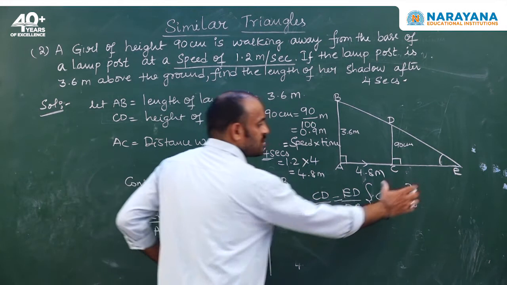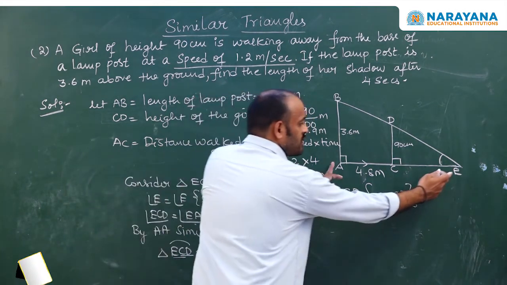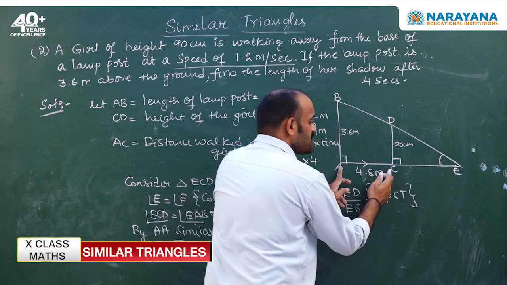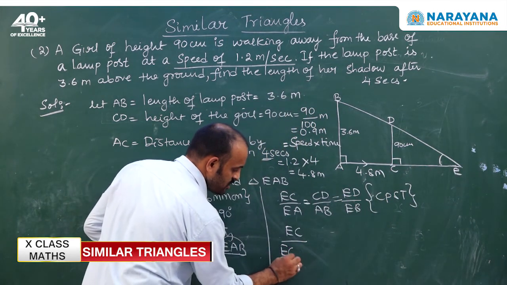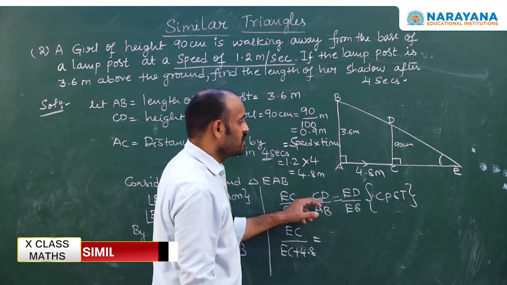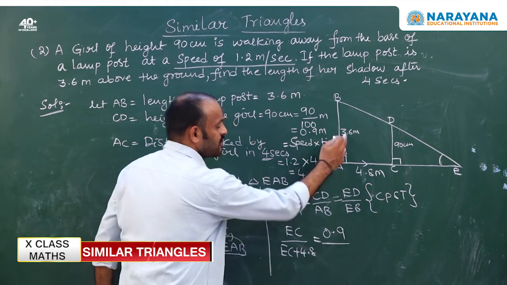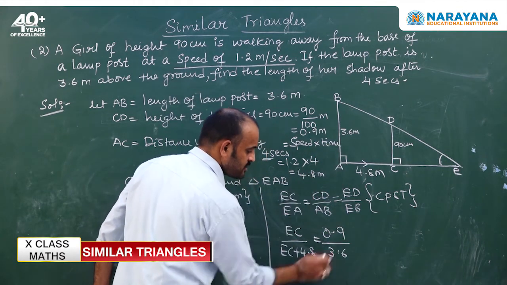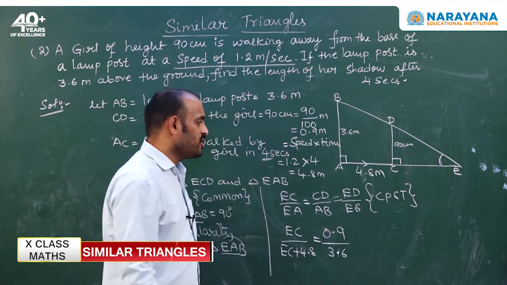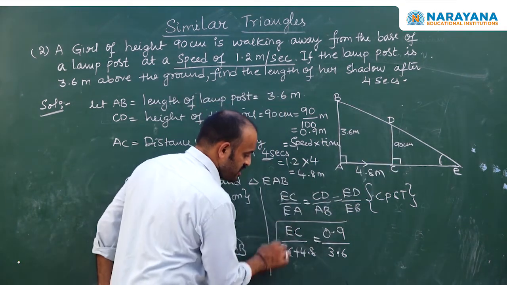EC, that we need to find out, by EA. EA means EC plus 4.8. CD is 0.9, AB is 3.6. I am not going to consider the last one because we don't know their lengths. This ratio is enough.